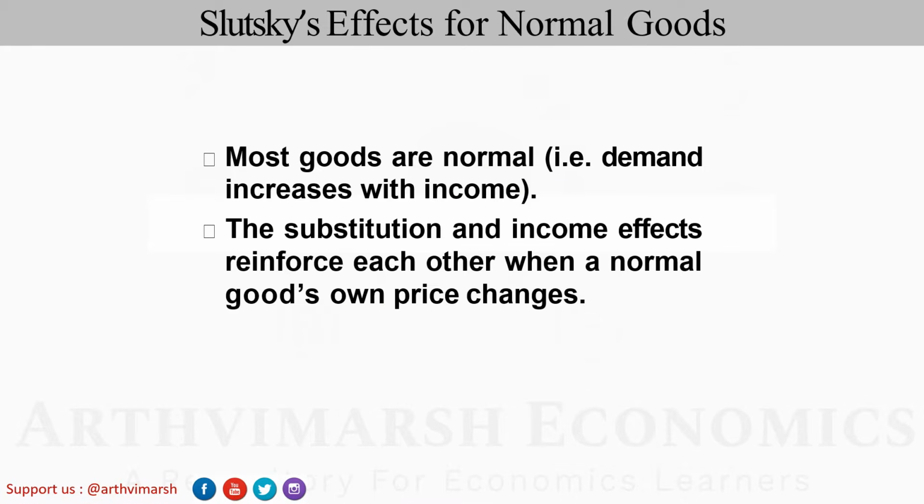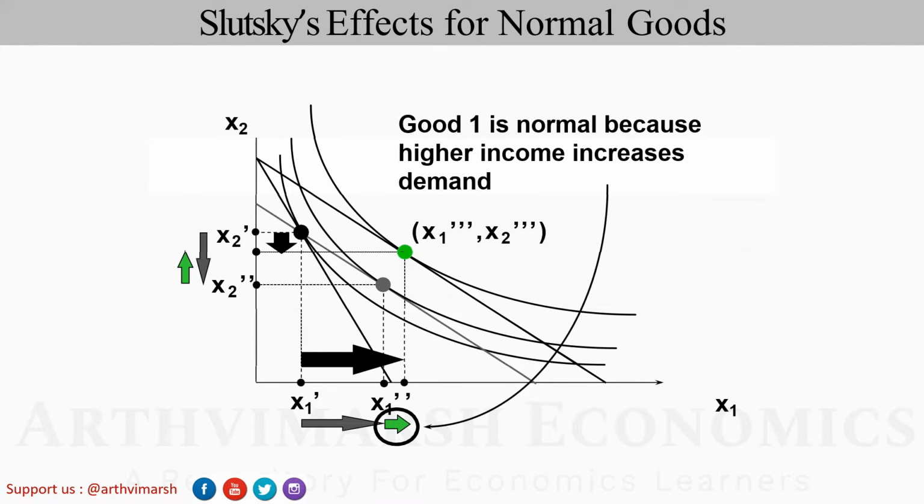Now Slutsky's effect for normal goods. Most goods are normal, that is, their demand increases with income. This we have discussed in detail in the previous chapter. The substitution and income effects tend to reinforce each other when the good is normal. So how to understand this? Let us say that good 1 is normal. If we observe what we discussed in the previous slide, the demand for this good goes up when the income goes up.